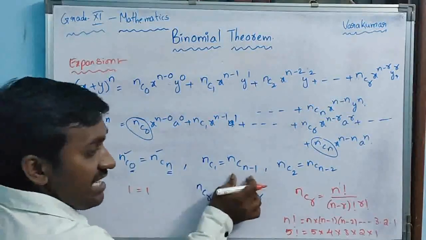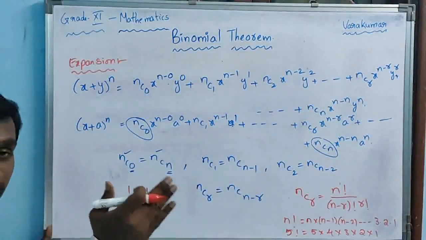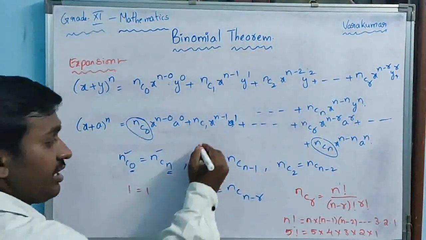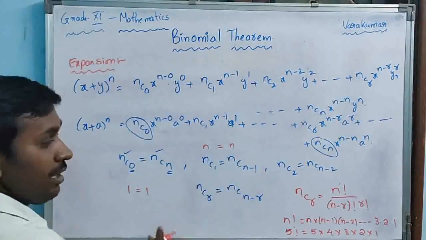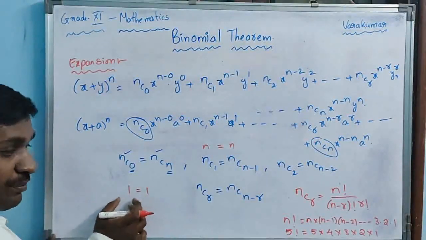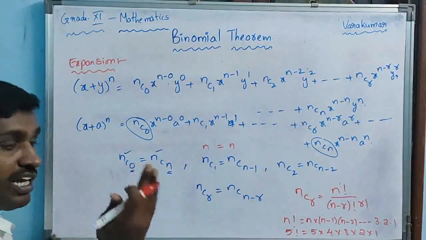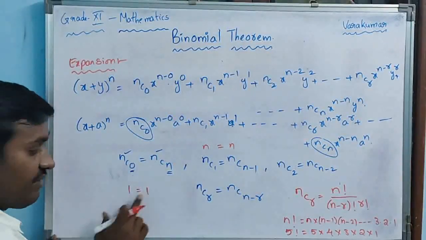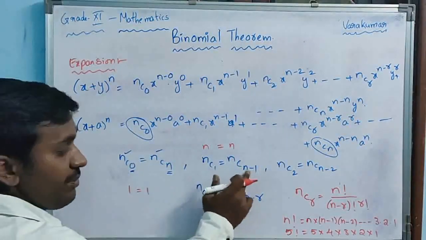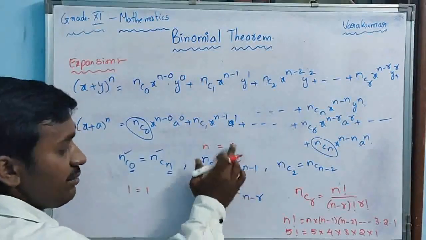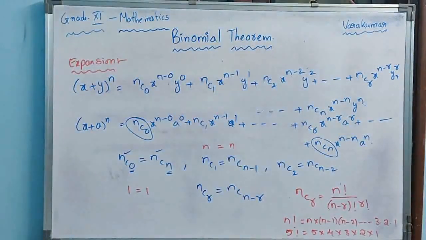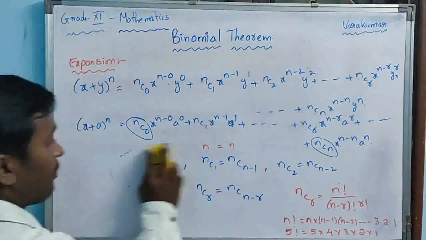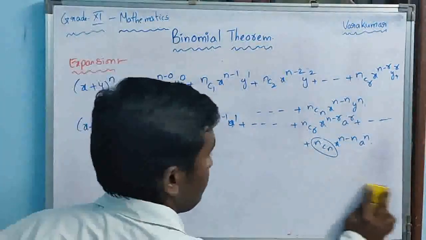And nC1, nC(n minus 1), from the first second and the last second, that is n only. Remember, from the first term coefficient and the last term coefficient, nC0 and nCn value will always be 1. nC1 value is n, nC(n minus 1) is n. Clear? Right.